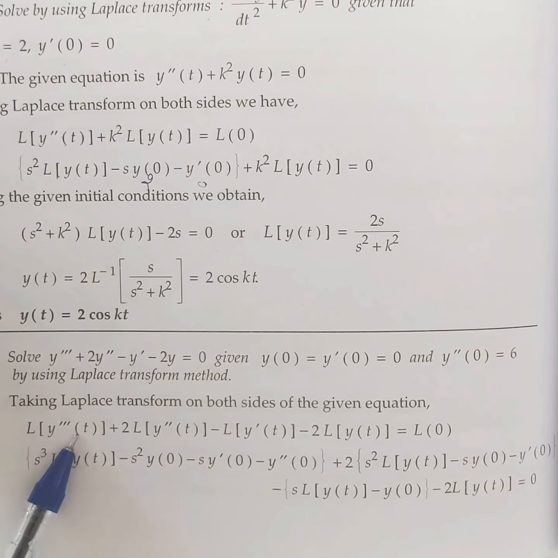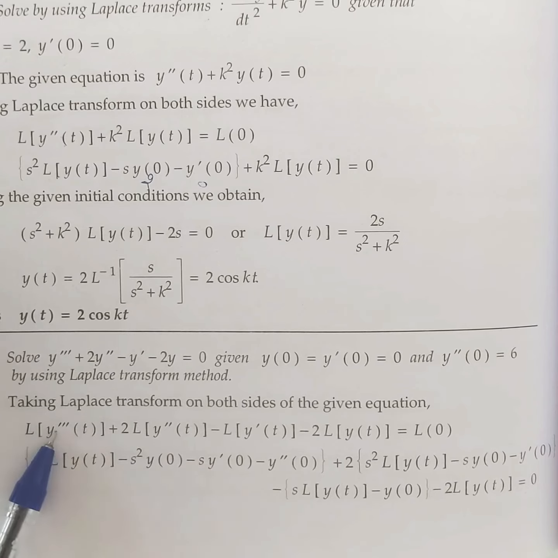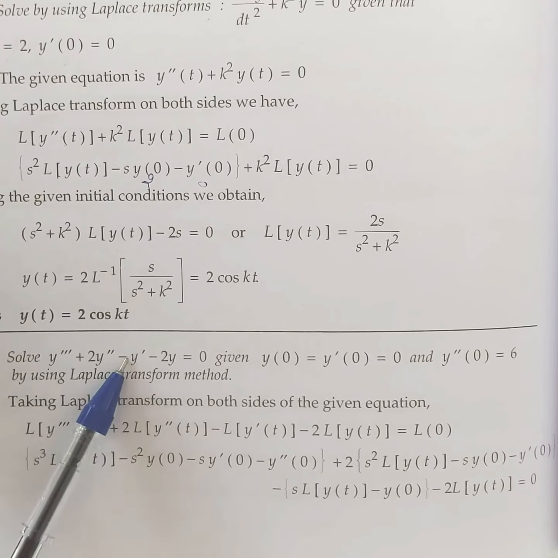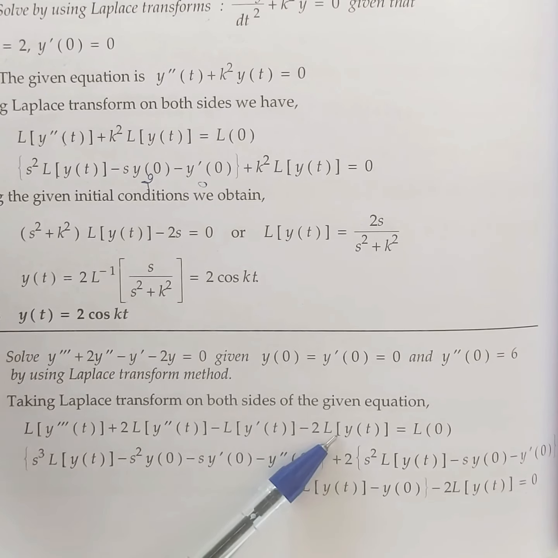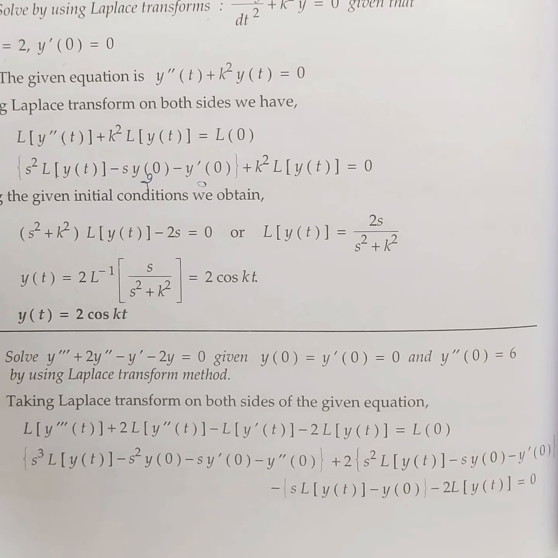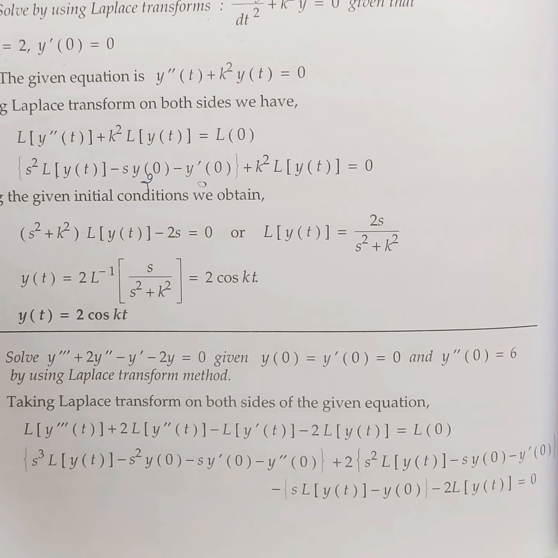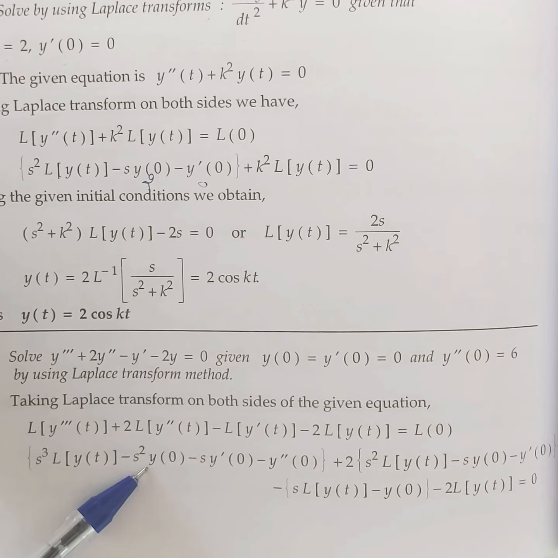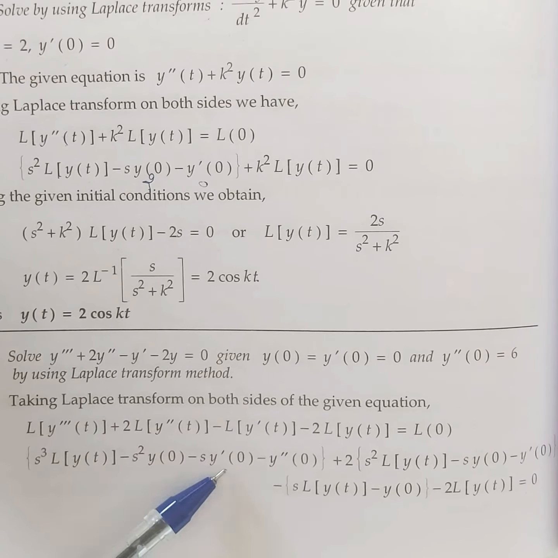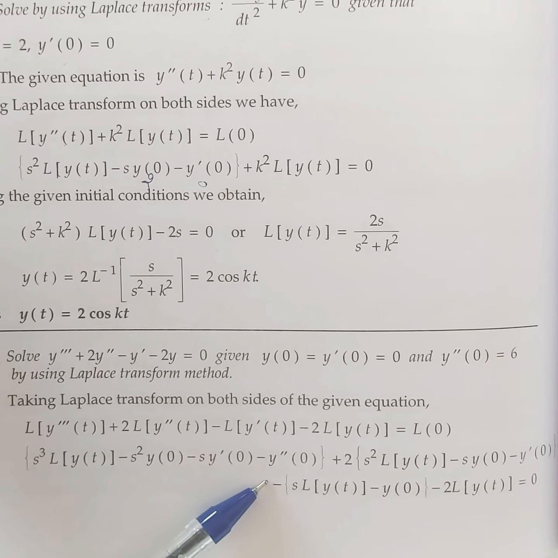So, Laplace of y triple dash of t plus 2 into Laplace of y double dash of t minus Laplace of y dash of t minus 2 into Laplace of y of t is equal to Laplace of 0. Now, we are just going to apply the formula. For y triple dash, already I have given you the formula: s cube L of y of t minus s square y of 0 minus s y dash of 0 minus y double dash of 0.